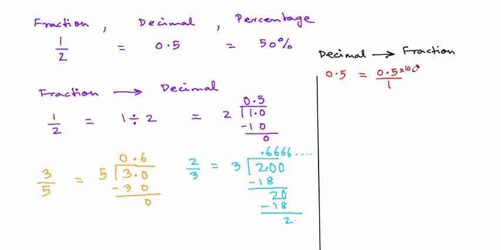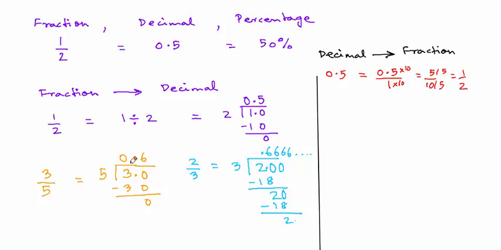And then if you do that, you have to do the same with the denominator to be sure that the fraction doesn't change. So we have this is equal to 5 over 10. And then if you simplify this fraction, dividing 5 by 5 and 10 by 5, you have 1/2. So there you go, the fraction equivalent of 0.5 is 1/2.